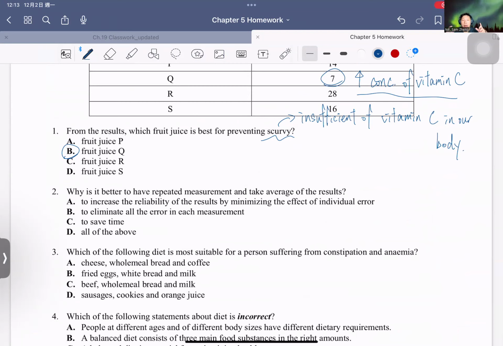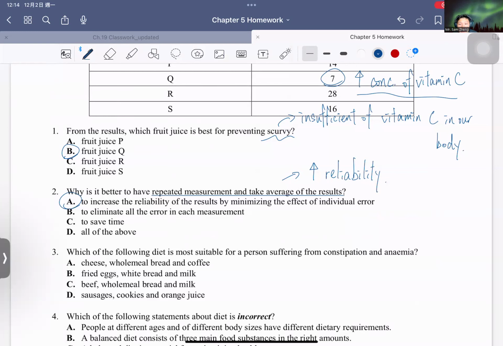So in this case, by repeated measurement, when we take the average, we can minimize the effect of the individual error. So therefore, by repeated measurement and also taking the average of the result, we would like to increase the reliability. So therefore, the answer here will be A.